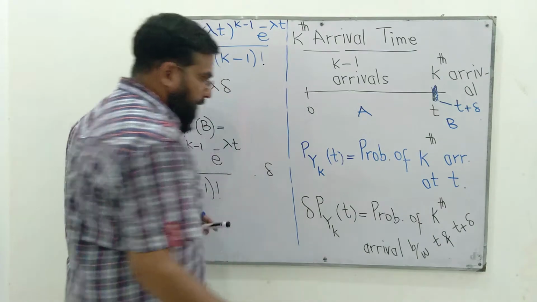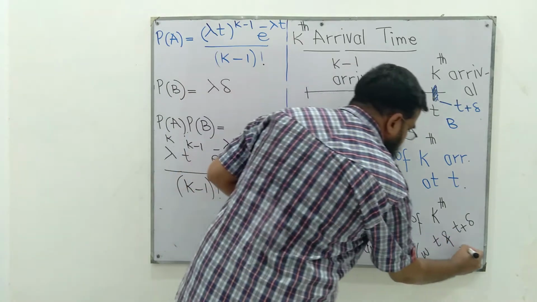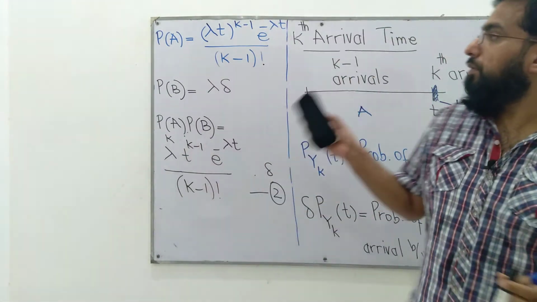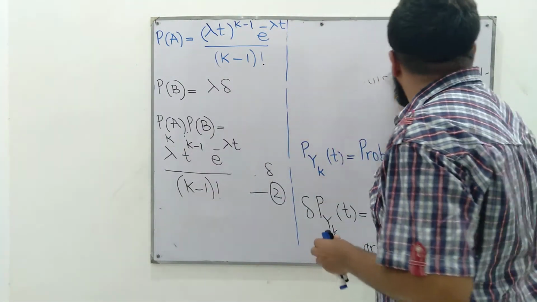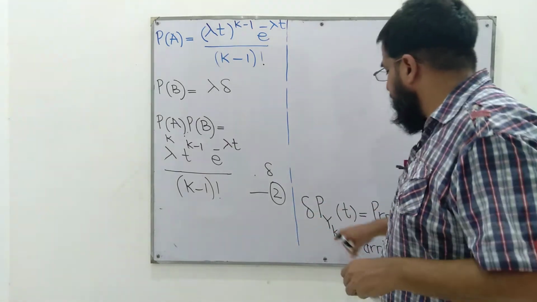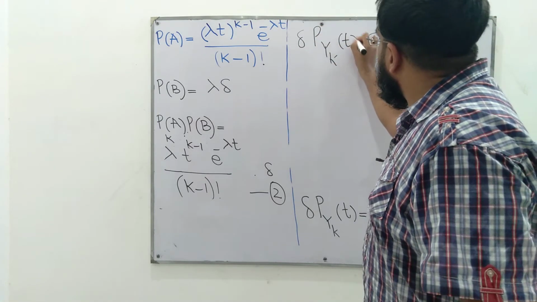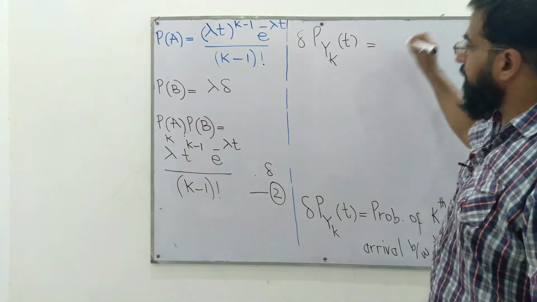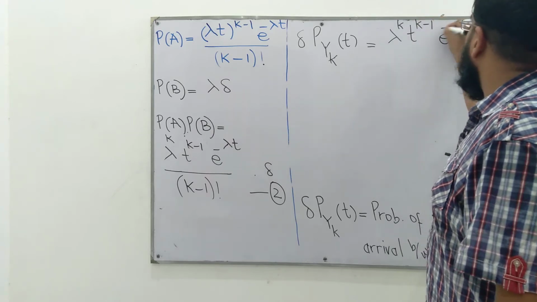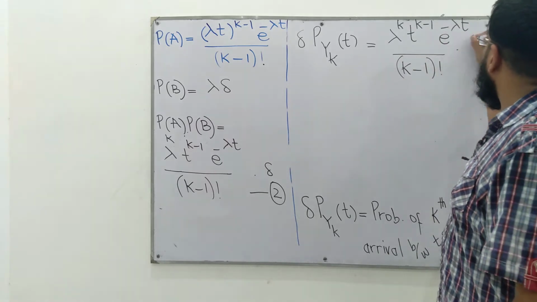So equating equation 1 and 2, we get the probability of having the kth arrival exactly at time t: delta times f Y_k of t is lambda to the k t to the k minus 1 e to the minus lambda t over k minus 1 factorial times delta.